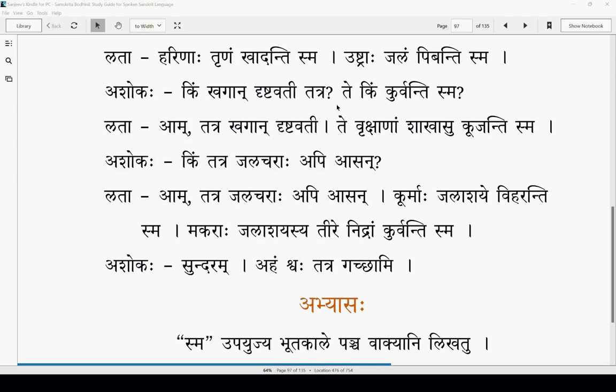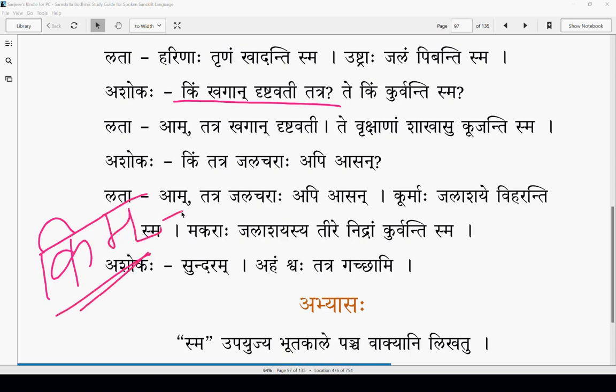Note here, I want to highlight the difference of using kim. In the first sentence of Ashoka, Kim Khagan drishtavati tatra, we have discussed this previously also. Kim is used in two forms. Kim has an avyaya form, and kim is also in the visheshana form, which you know already. Kim in avyaya form is a question mark.